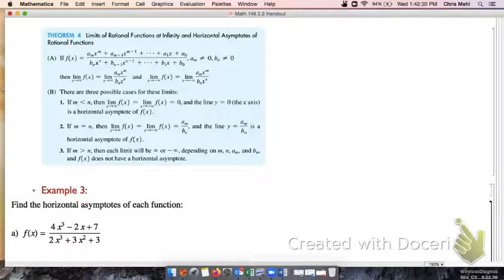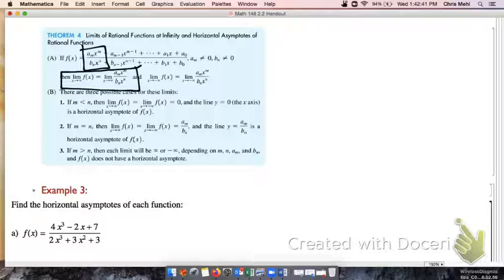Make sure you read through Theorem 4 very carefully. But ultimately what it says, and let me summarize before I go through the examples, or let me actually just box this for all of you. What I want you to notice is f of x is a rational function, so it's a polynomial in the numerator and denominator.